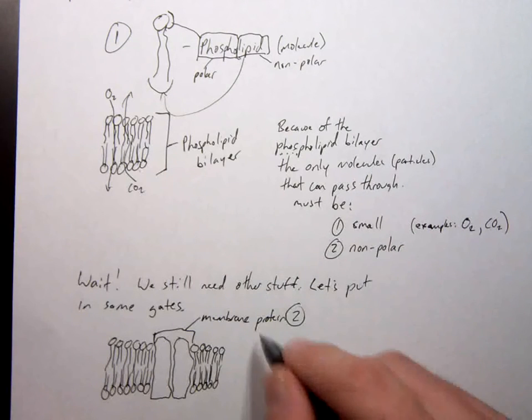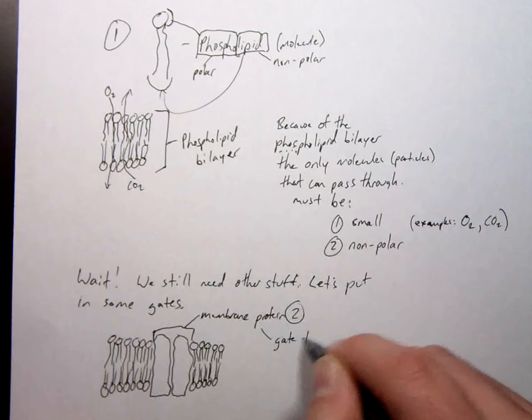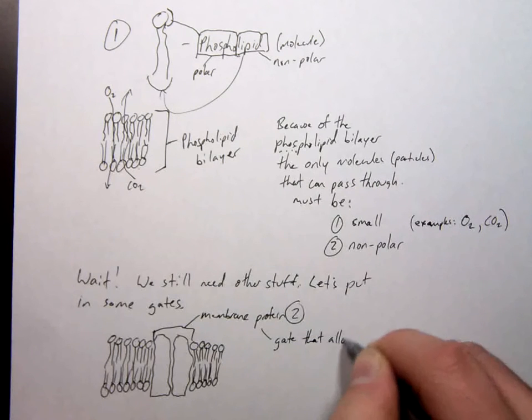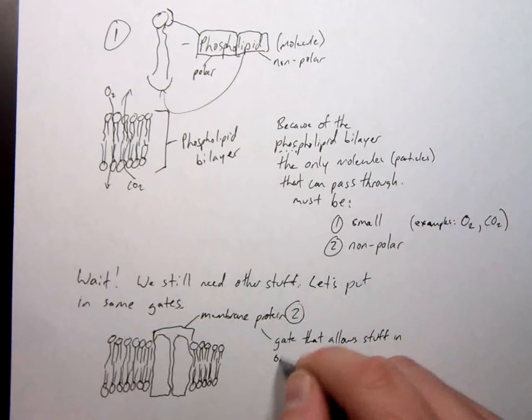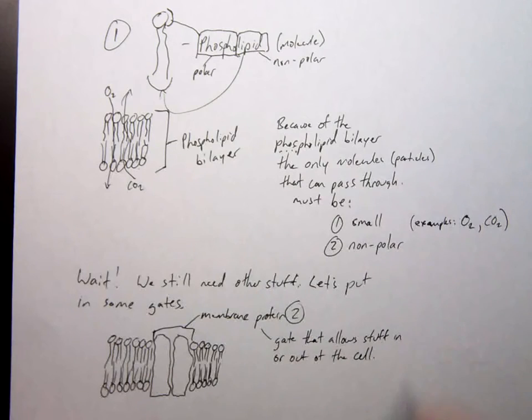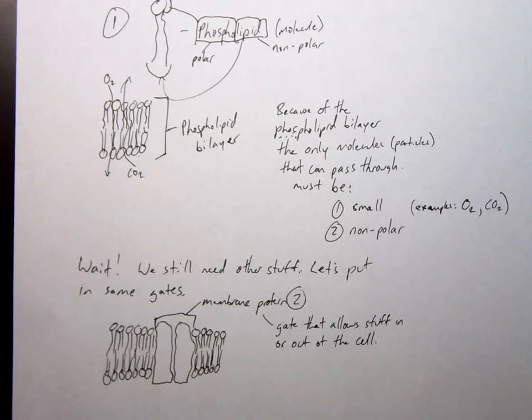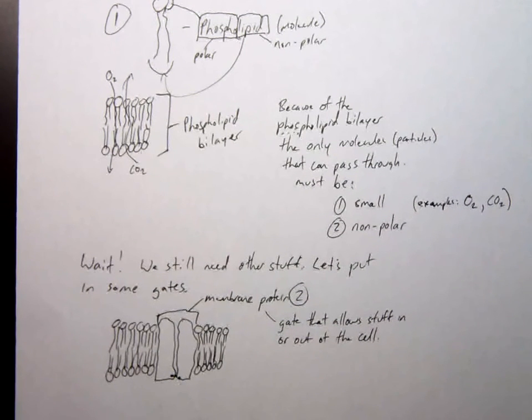There's like a gate that allows stuff in or out of the cell. Membrane protein is the gate that allows stuff in or out of the cell. The cool thing about proteins is they can choose. This thing may only let a certain type of amino acid in. Nothing else can get in through it except for that certain type of amino acid.